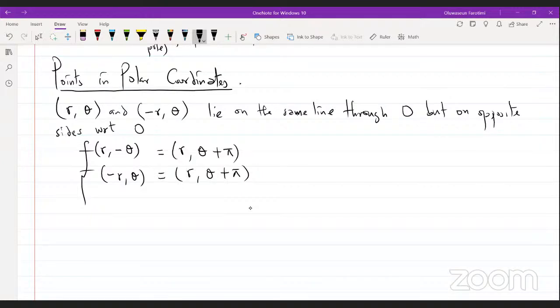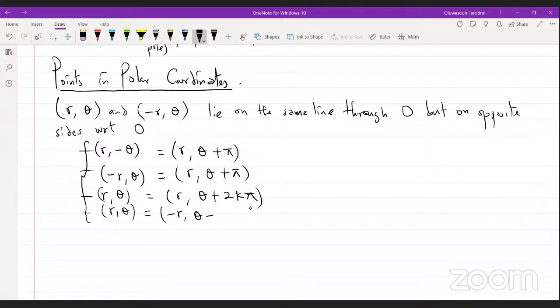When you have r, theta, this is r, theta plus 2k pi. I gave you guys an example, so let me give you one more of this equivalence. If you have r, theta, an equivalent way to write it is negative r, theta plus (2k plus 1) pi.